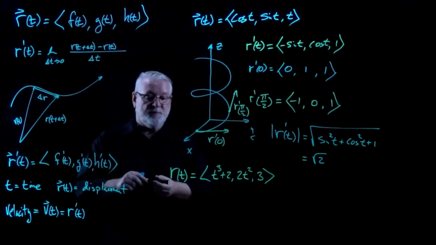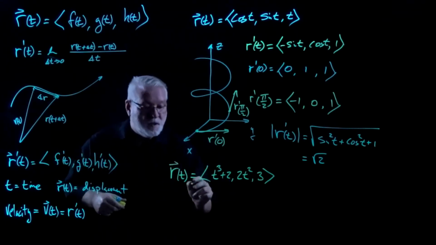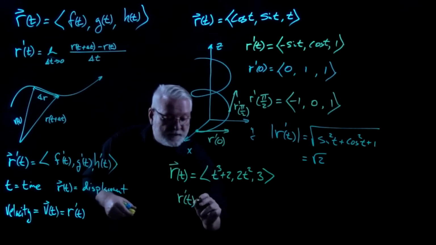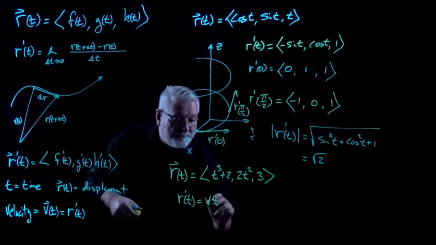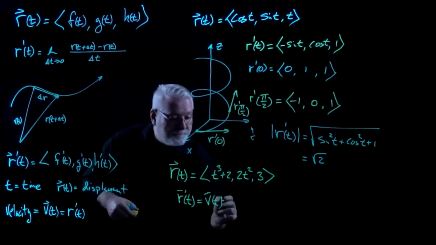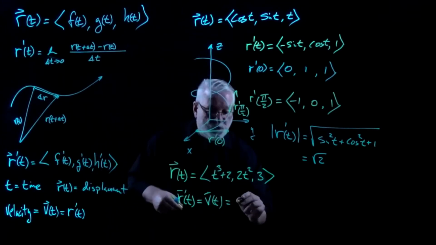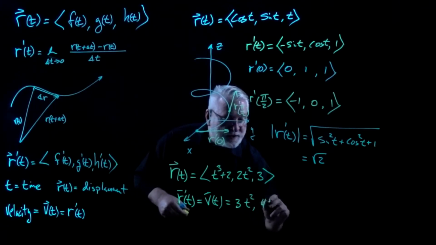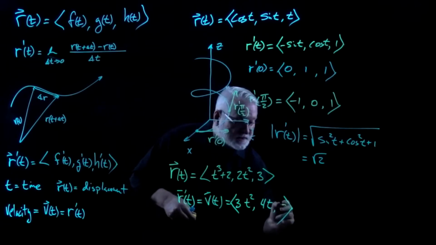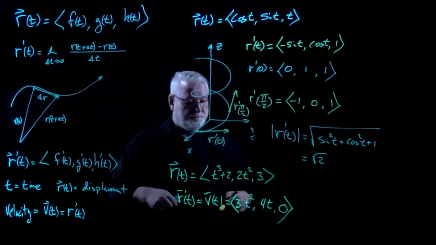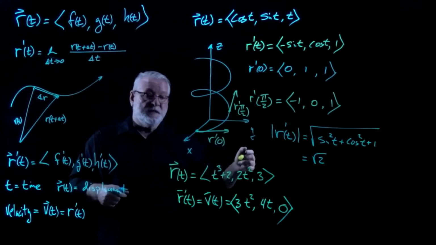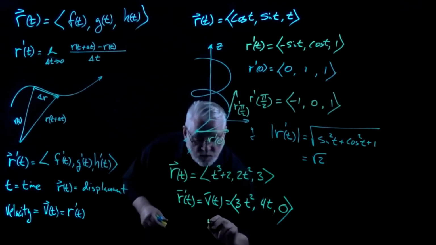It would give its displacement. r prime of t, that is the velocity, would be equal to 3t squared, 4t, and 0. Now notice, at t equals 0, the velocity will be 0.